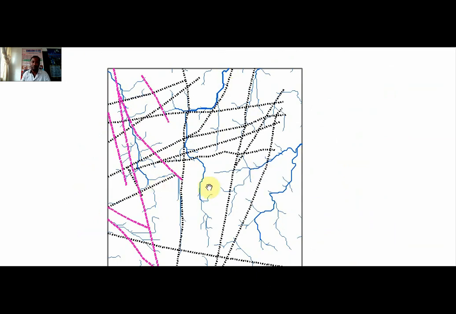So if you are looking at prospectivity confidence level, we can look at this location in terms of structure. When we put this together, we'll be able to look for conjugate faults or some other secondary faults.